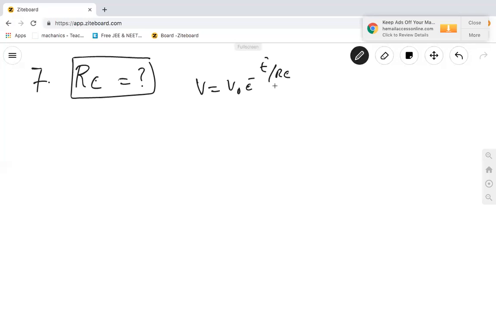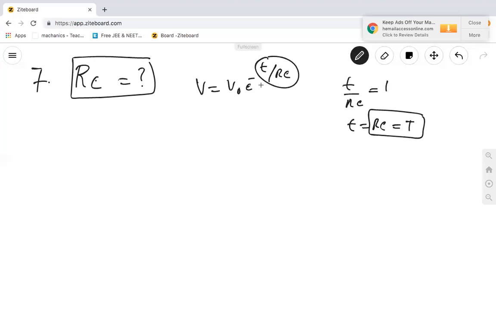This T by RC is dimensionless because it is an exponential power. When this power is dimensionless, that's 1. So T is nothing but RC, and RC is nothing but time, T. This is the dimension, right?